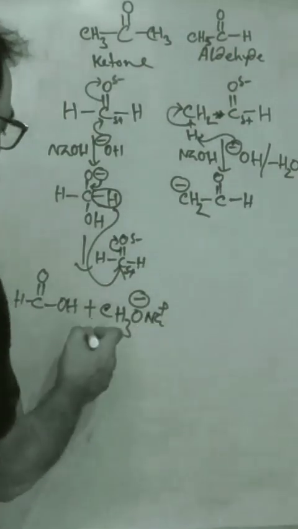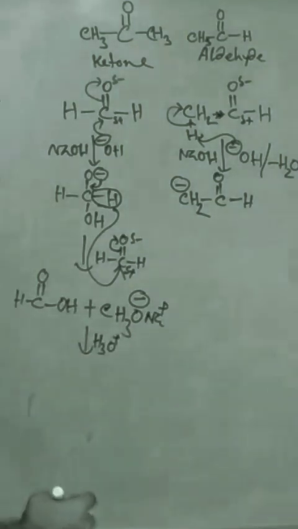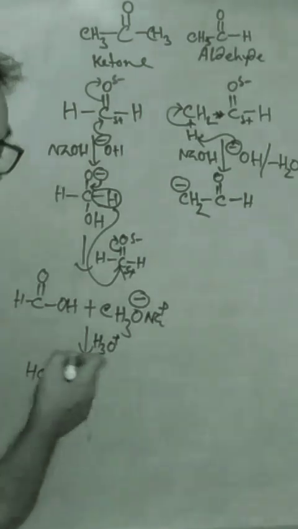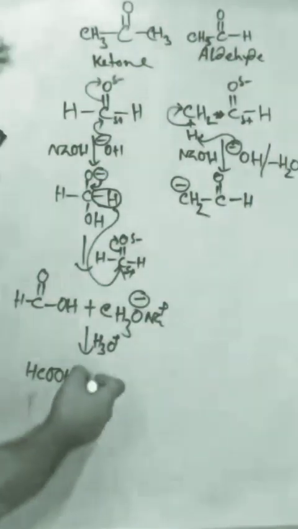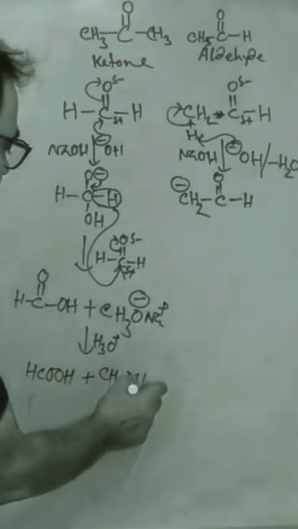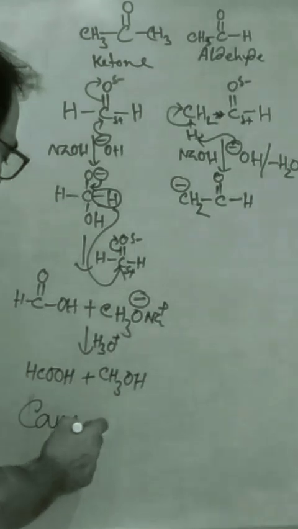Now if you acidify this solution with a dilute acid, the final products are HCOOH, one molecule of acid, and another molecule of alcohol, CH3OH. This reaction is known as the Cannizzaro reaction.